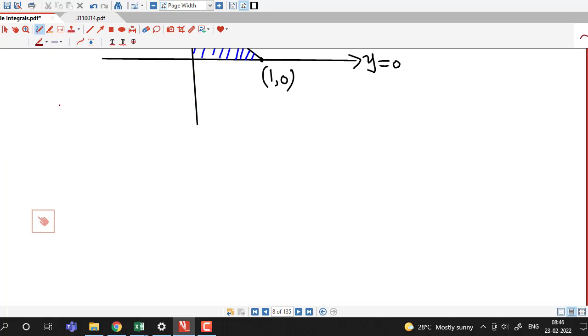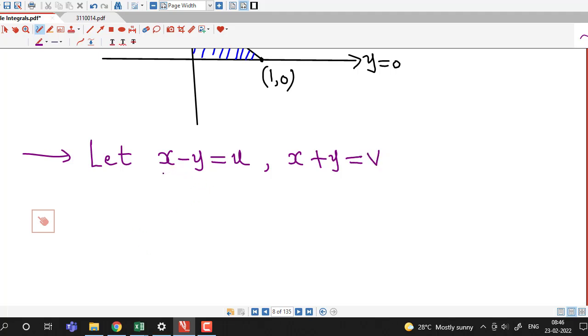So first we consider that substitution. Let x minus y equal to u. We are changing the variables from x, y to new variables, and x plus y equal to v. Now we will require expressions for x and y in terms of u and v also.